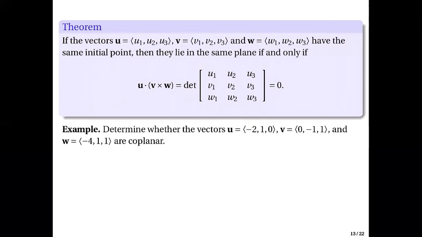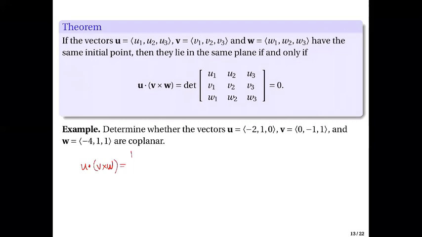If it is not equal to 0, then they are not coplanar. They don't lie on the same plane. If the determinant is equal to 0, then they lie on the same plane. So let's see, u dot v cross w.